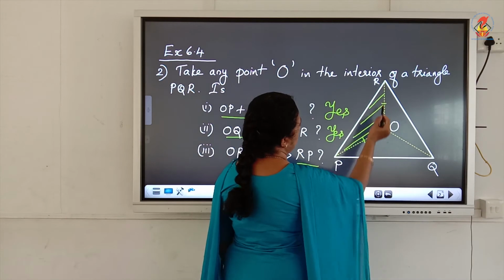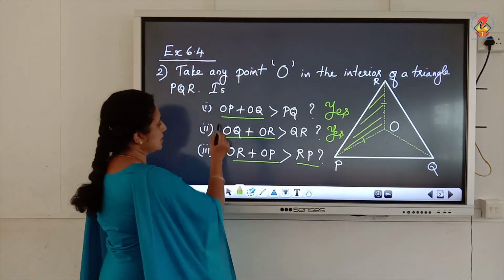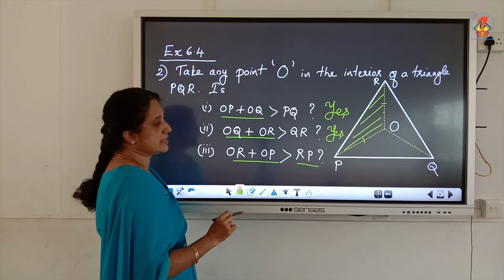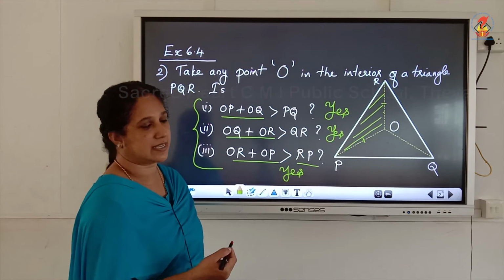That is OP plus OR is greater than RP. So the question is, OR plus OP is greater than RP? So what we can say? Yes. So these three are correct inequalities, based on the property, sum of any two sides of a triangle is greater than the third side.